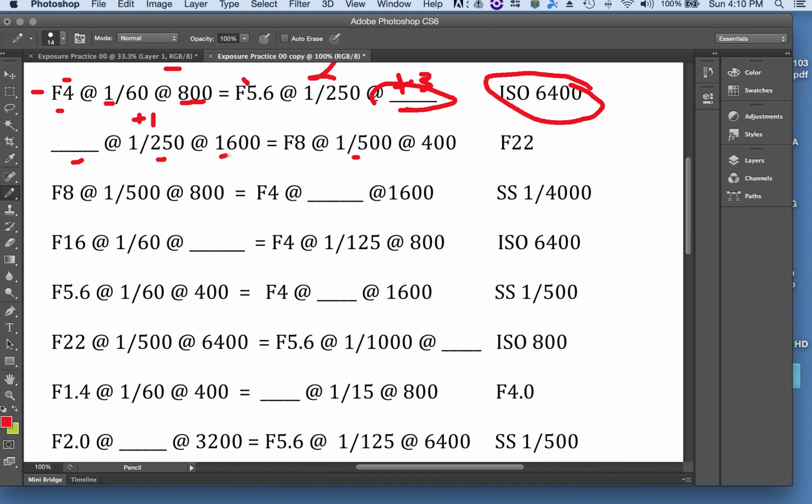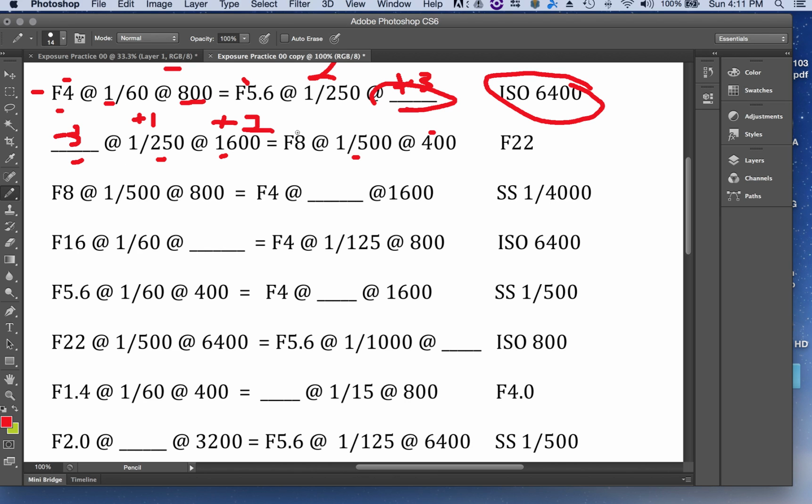And then we look at our other known factor, which is our ISO. 1600 is more sensitive than 400, right? By how much? 400, 800, 1600, more sensitive by a factor of 2, for a total of +3. So this needs to be -3 to compensate.